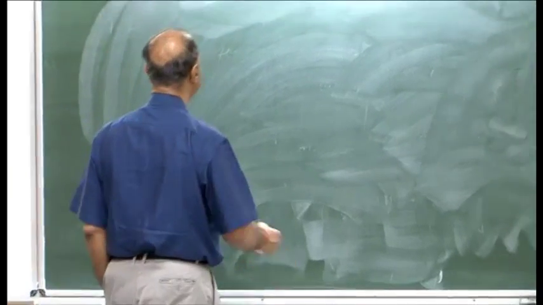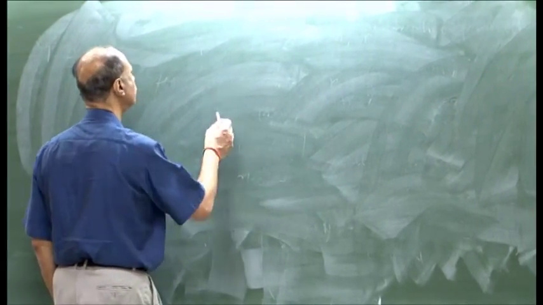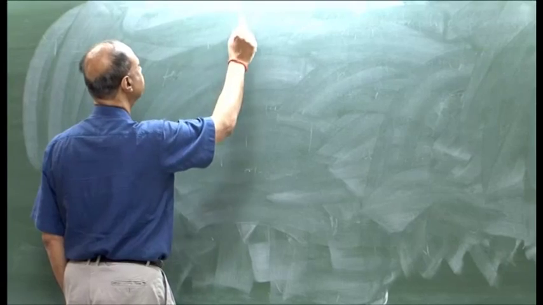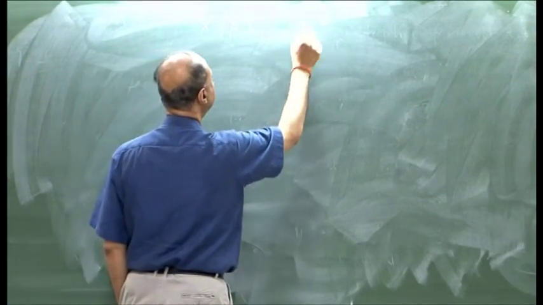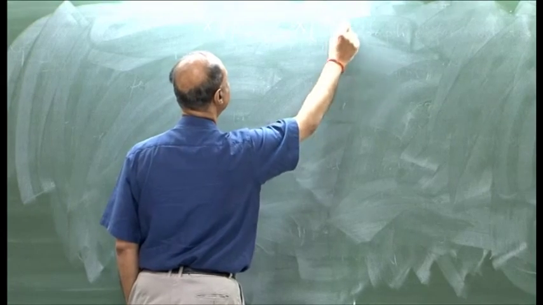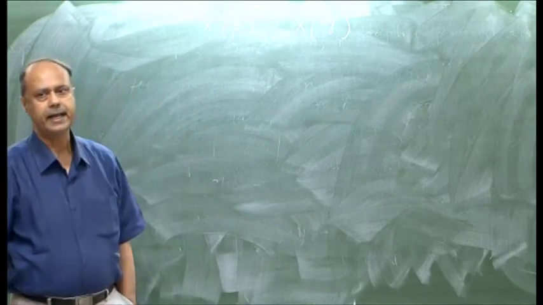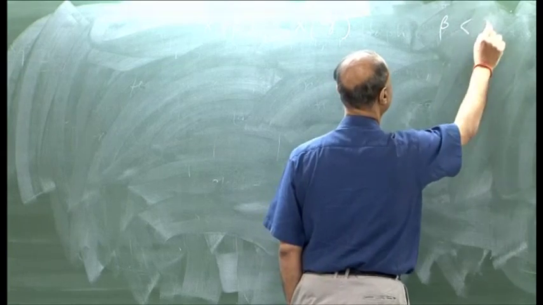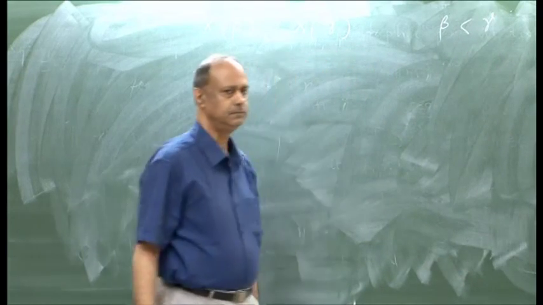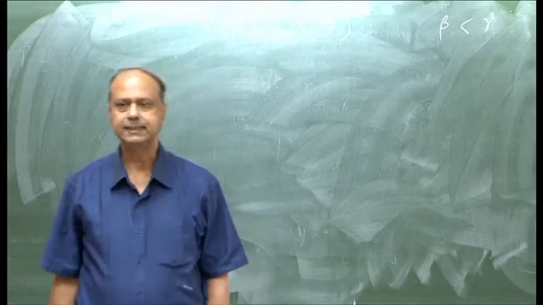Now, in order to show that it obeys the lexicographic property, let us take two permutations x beta and x gamma, with the assumption that beta is less than gamma.